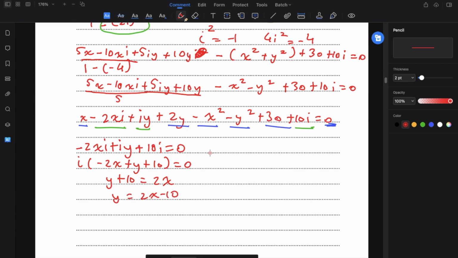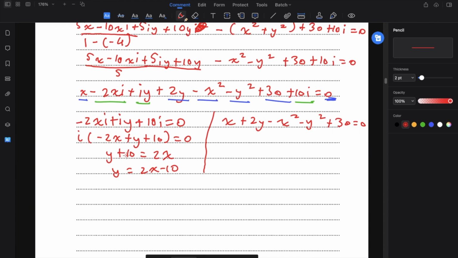Now we have the real part. So x plus 2y minus x squared minus y squared plus 30 is equal to 0. Let's substitute using our value of y as 2x minus 10.